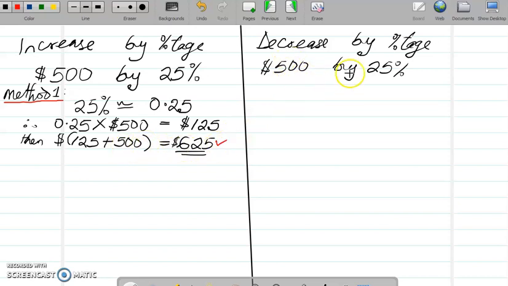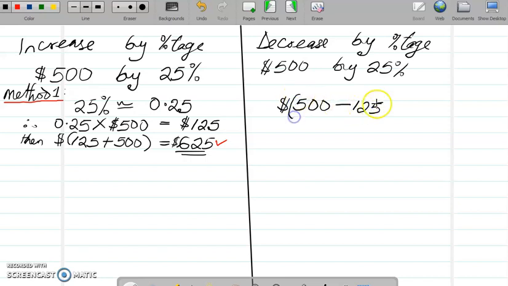But if we are asked to decrease, what I have to do is say $500 minus $125.